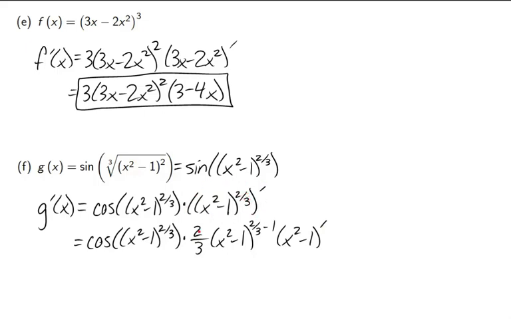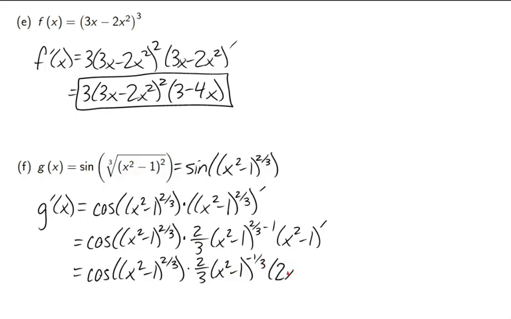I took the rule for the 2/3. Then I multiplied by the derivative of the inside. Cosine of x squared minus 1 to the 2/3 times 2/3 x squared minus 1 to the negative 1/3. And finally, the derivative of x squared minus 1 is 2x.